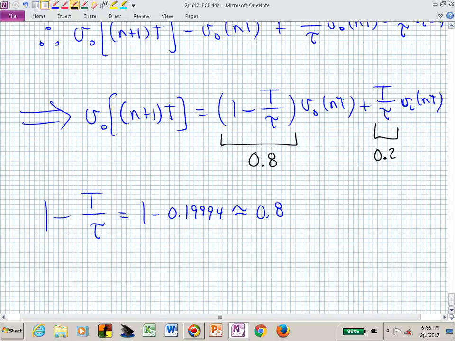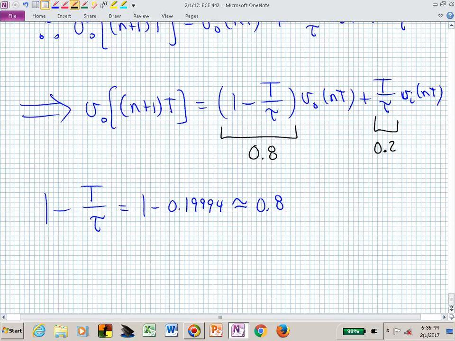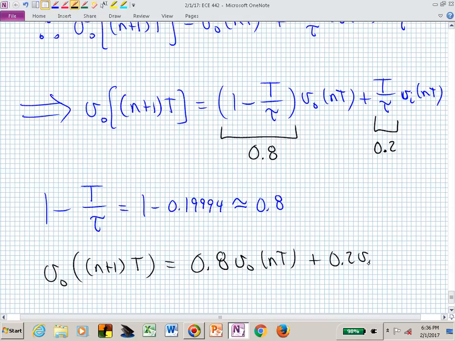So now we have a first order linear difference equation for a low pass filter that looks like V naught of (n plus 1) capital T equaling 0.8 V naught of nT plus 0.2 V sub I of nT.